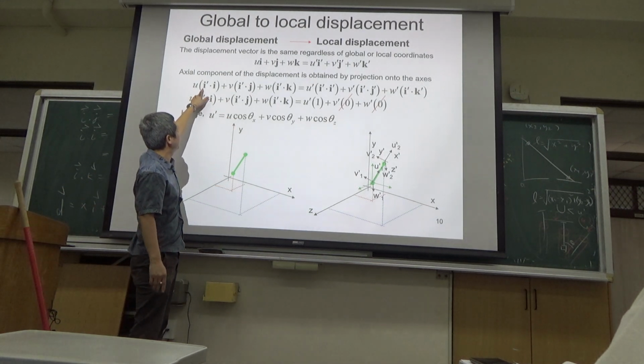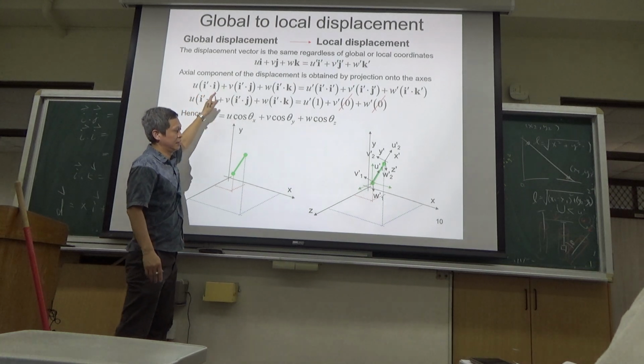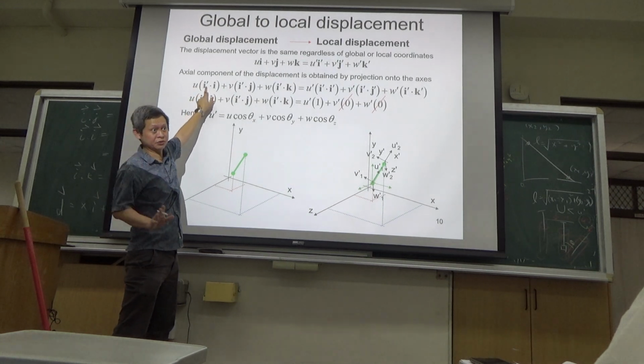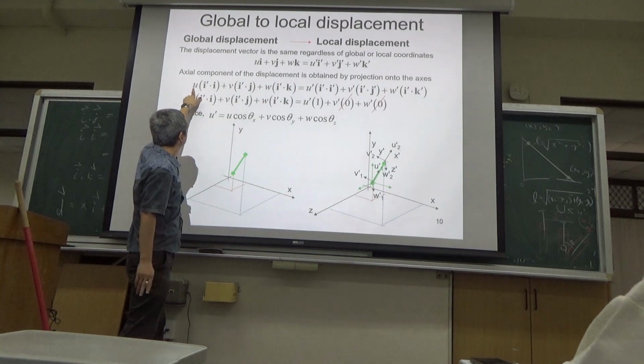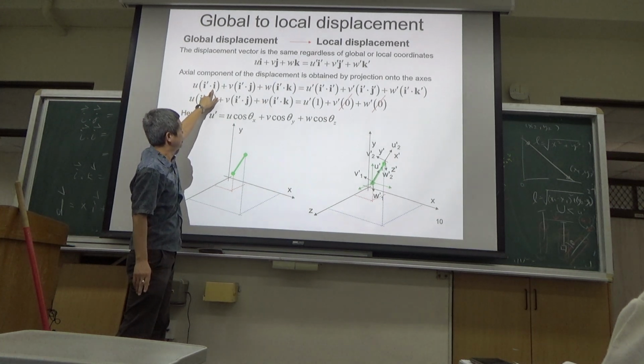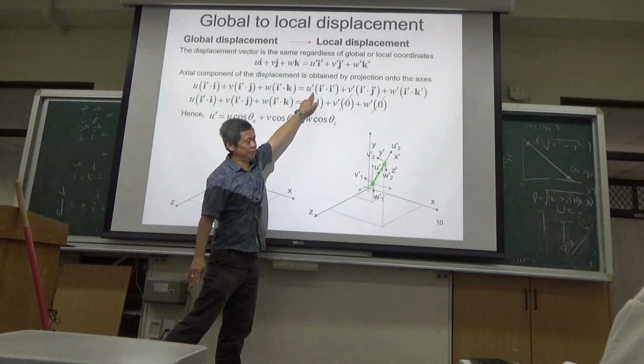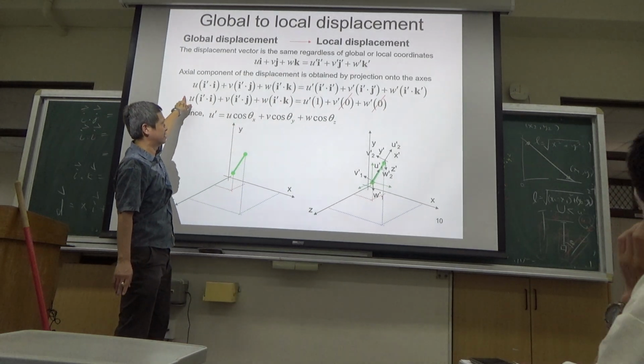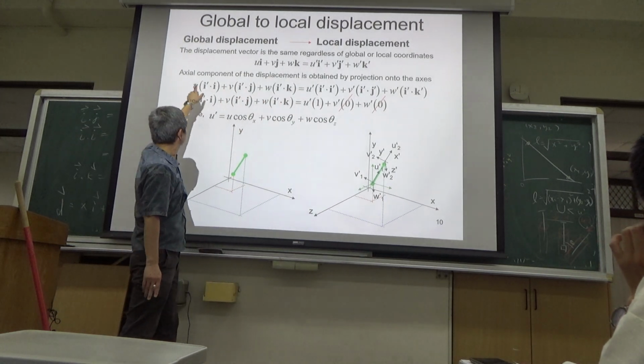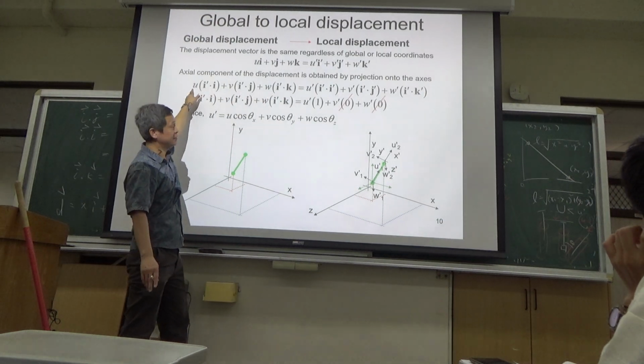One way of doing that is by projection, it's not by body axis. So if you want to find the projection in the body axis, you have to take the absolute displacement in the 3D space.